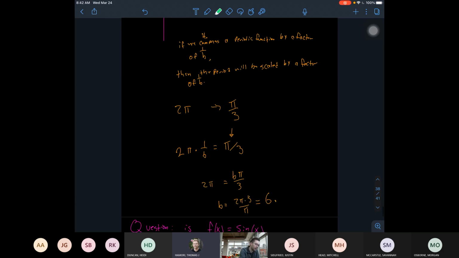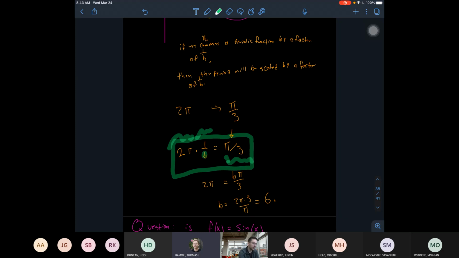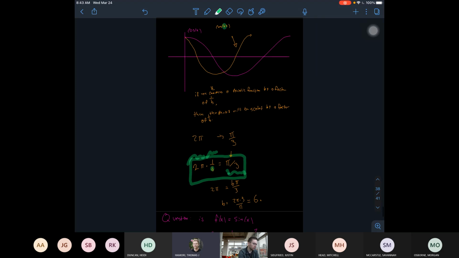That's what we wrote down here: 2 pi times 1 over b equals pi over 3. That's what we wanted to be true. The left side says we take the period 2 pi and we shrink it by 1 over b, and we get pi over 3. And we just have to figure out, well, what should b be? So that's another way we could have thought about that.